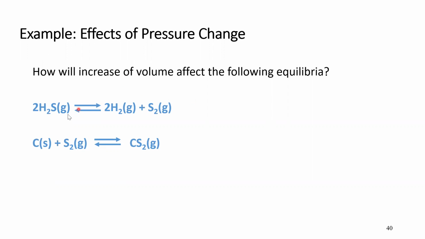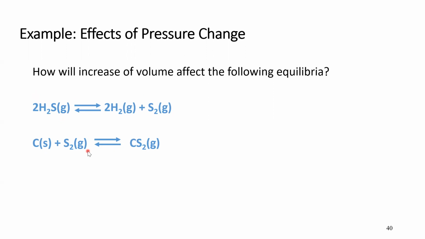It's going to shift to the side with more moles of gas. So in this case, it's going to shift to the right. So H2S would decrease. H2 and S2 would increase. You're increasing more than you're decreasing. So your pressure is going to go up. You're going to counteract the change.